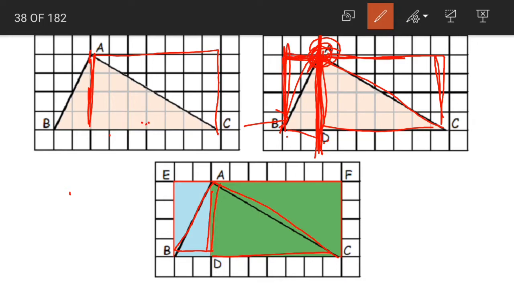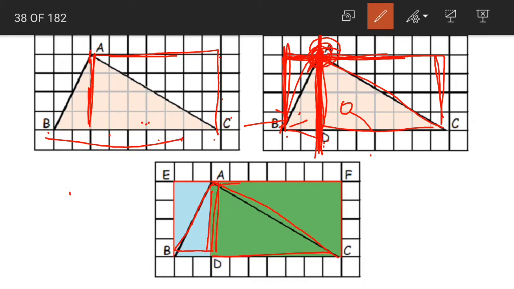Are you able to understand children? First we had this triangle which was not easy to convert into a rectangle. That is why we have divided the triangle into two parts. Now we are having two triangles, and we'll convert each of these triangles into rectangles.